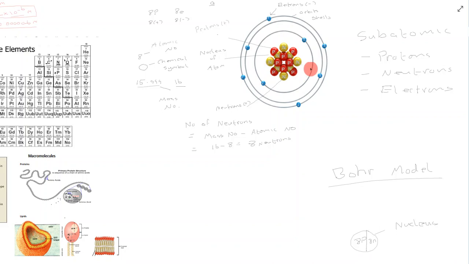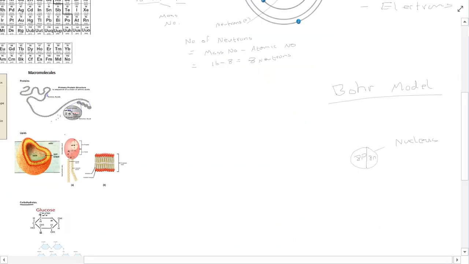You have the first shell and it contains 2 electrons. You can represent these as shells on your Bohr model. So you can draw the first shell. This is the first shell, and these are the electrons that are closest to the nucleus. The first shell can hold 2 electrons, so the first shell always holds 2 electrons.